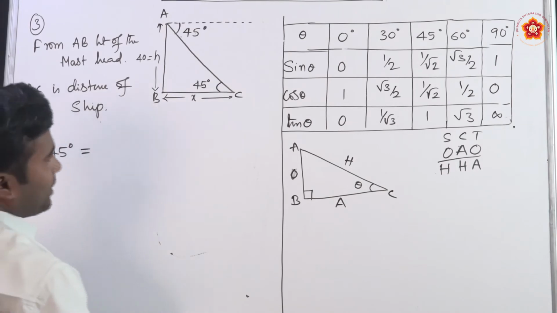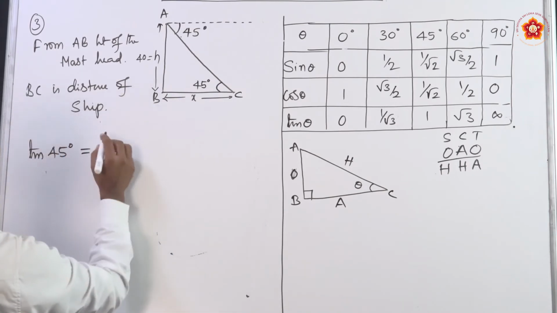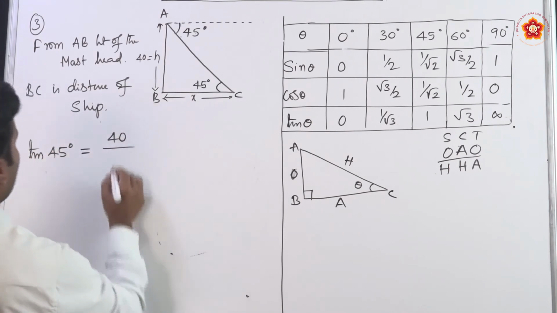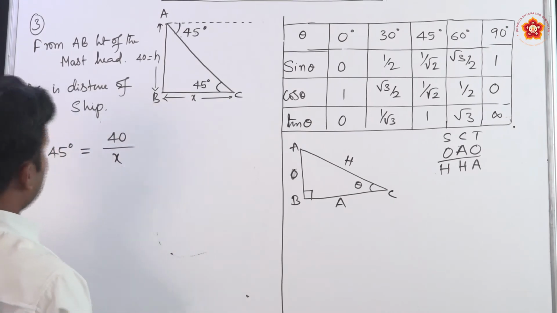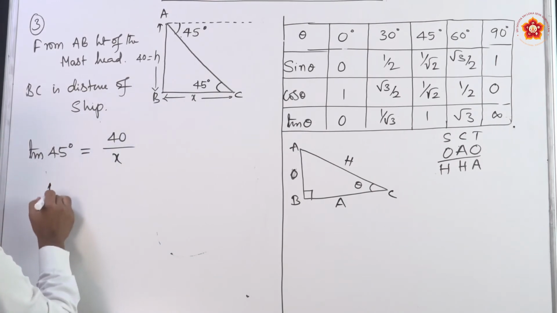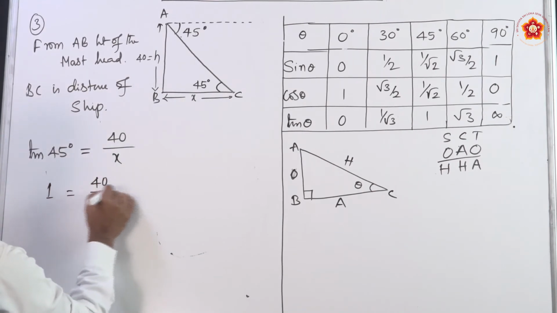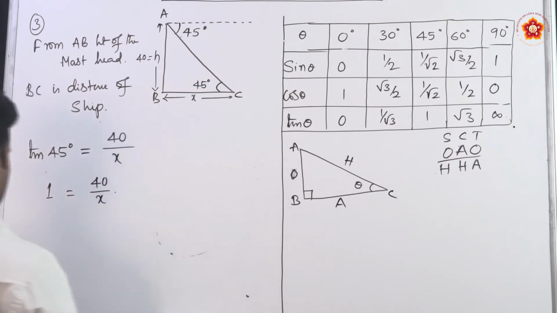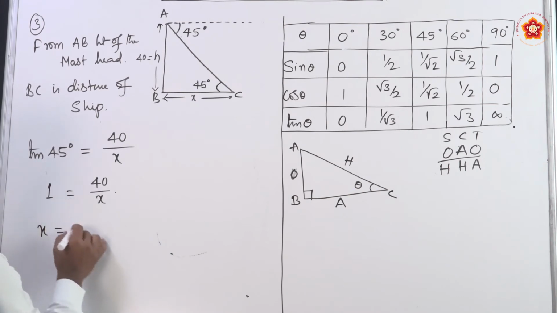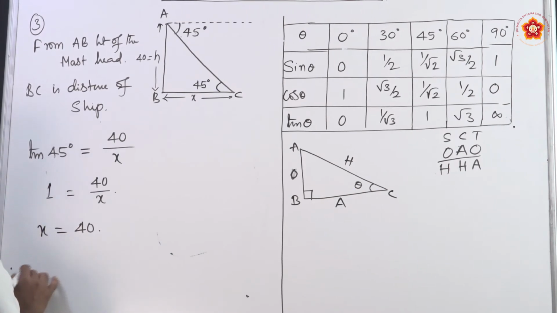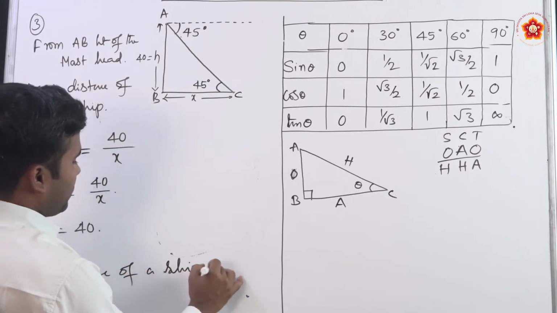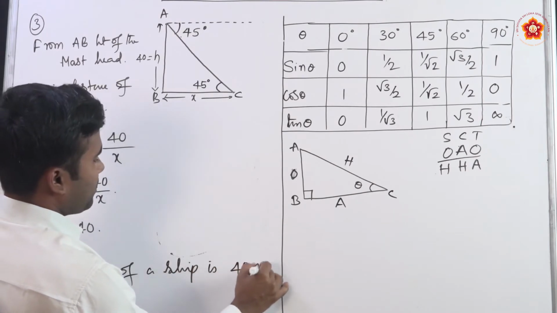What is tan 45 degrees? That is opposite, 40, divided by adjacent, x. As you know, tan 45 degrees is 1, which is equal to 40 by x. Now, x is the distance of the ship. So x is obviously 40, therefore the distance of the ship is 40 meters.